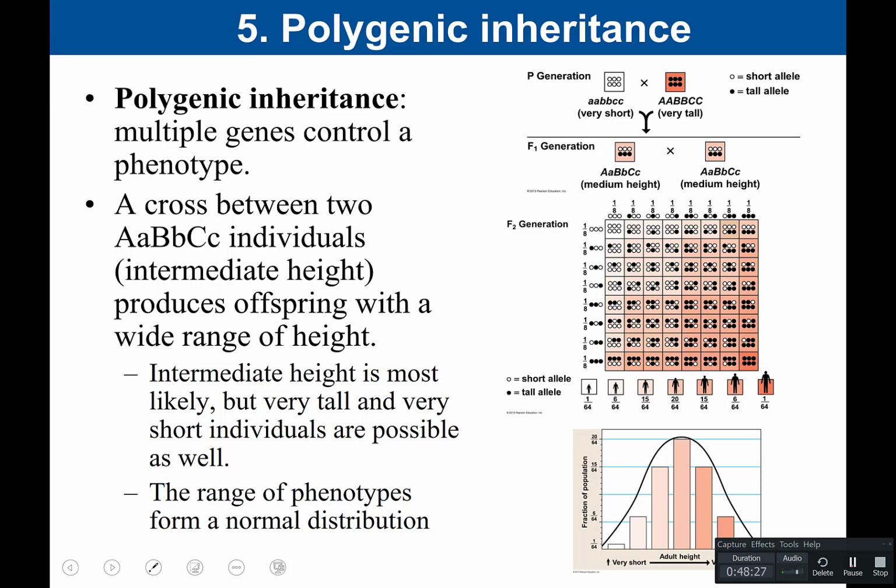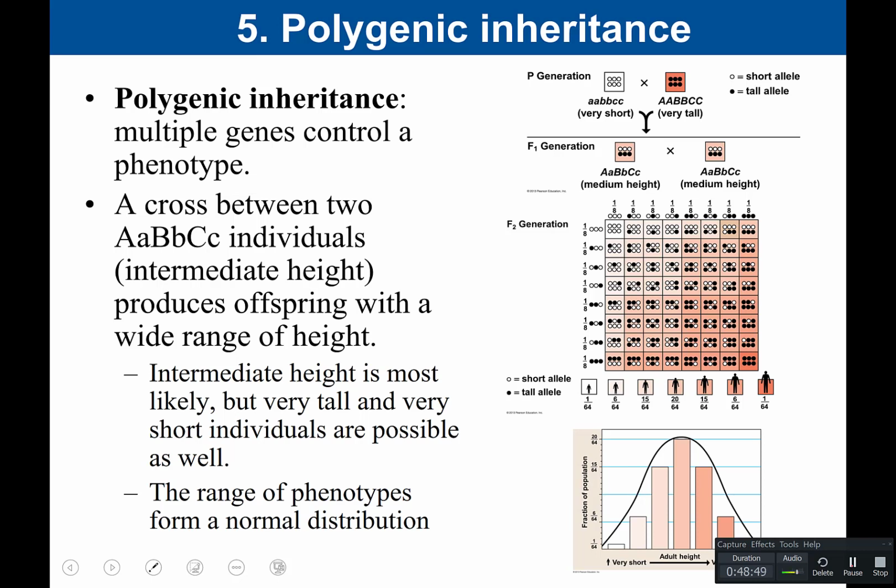So all of the capital letters would give height, would give tallness. So the A, the B, and the C, the capitals, give the height. The little a, little b, little c gives not a lot of height. So if you have half, so 3 out of 6 are tall, that person would be intermediate height.